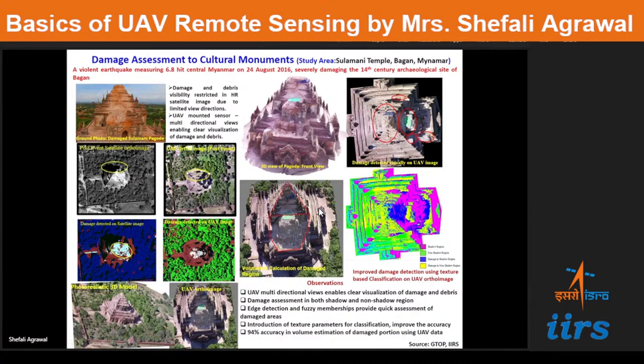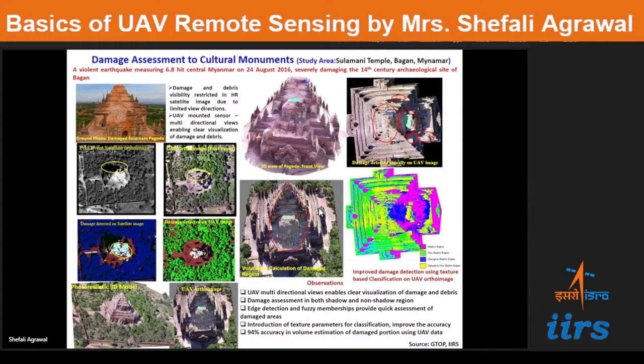If a drone has the ability to fly along all directions, from all directions it can collect the data. So this is a drone-based image where the complete picture was collected and processed, and the damage was assessed. The volume of the debris which was generated was also easily measured.